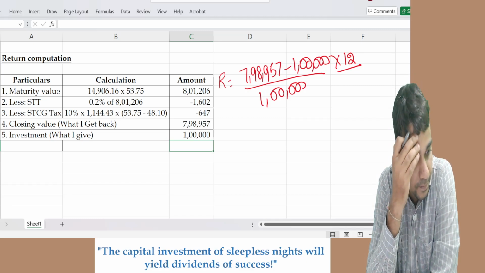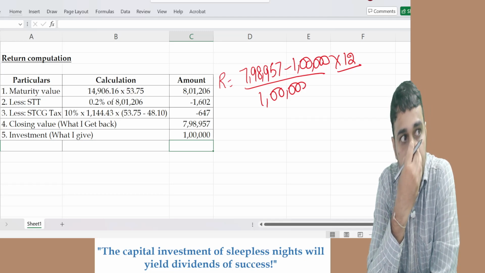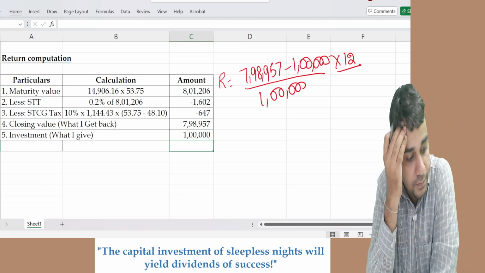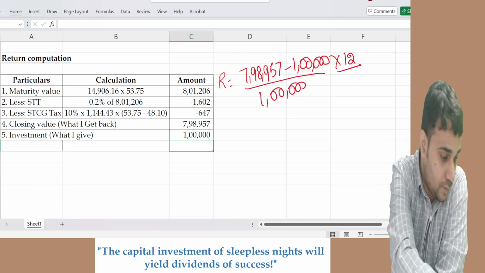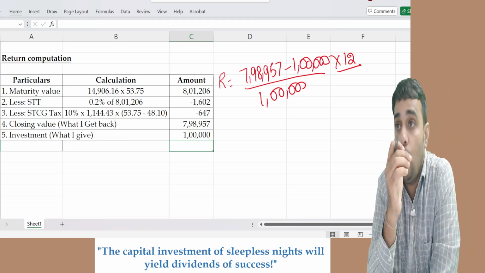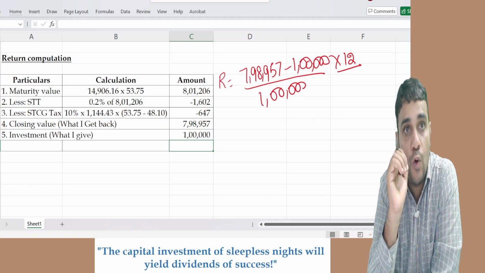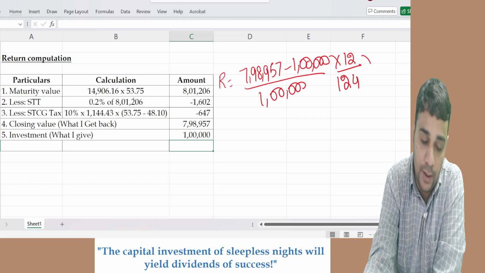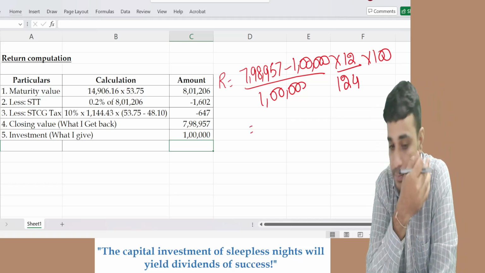Number of months from 1/4/99 to 31st July 2009. Live online guys, you can also tell the number of months. Yeah, I've got the answer in live online: 124 months. It's basically 10 years and 4 months. So 12 by M, 12 by 124, into 100.